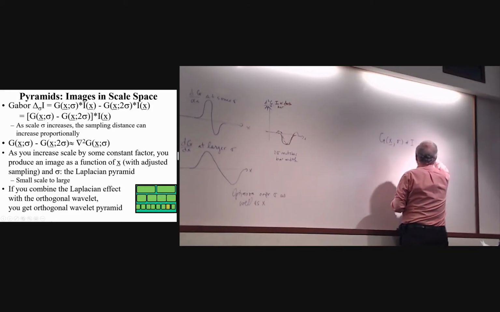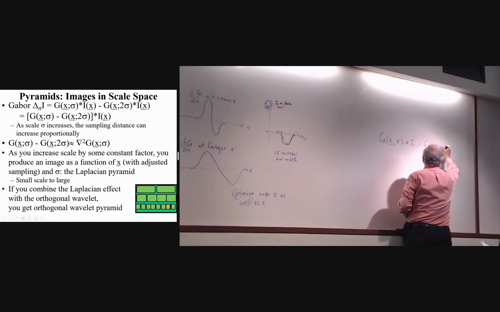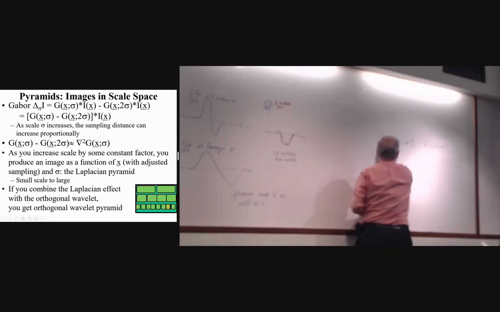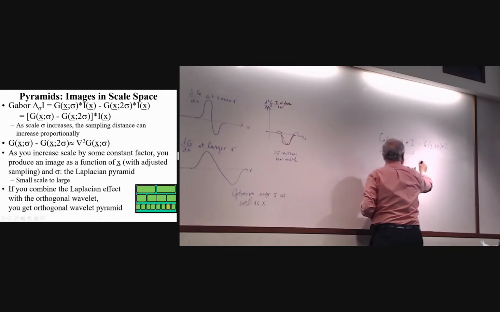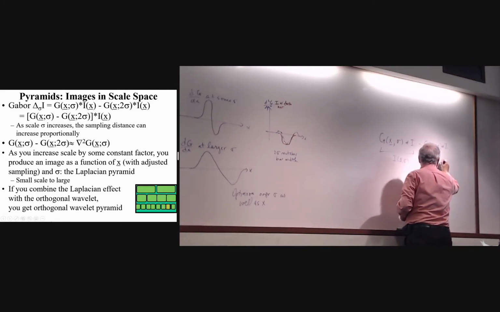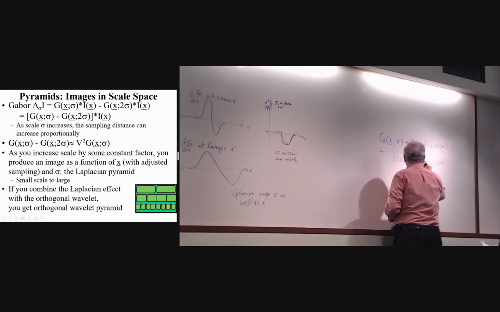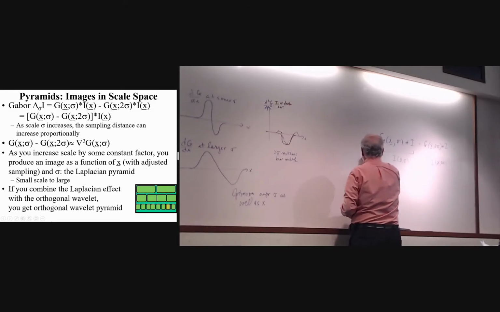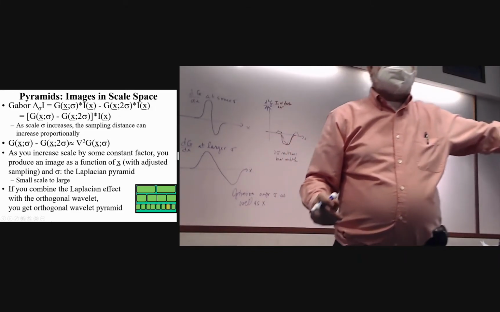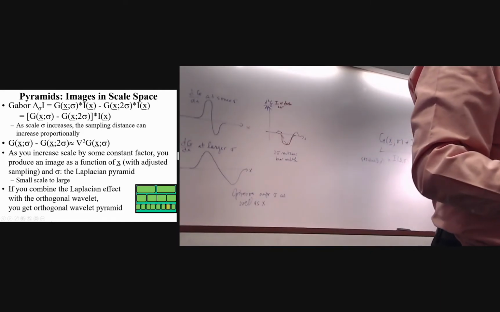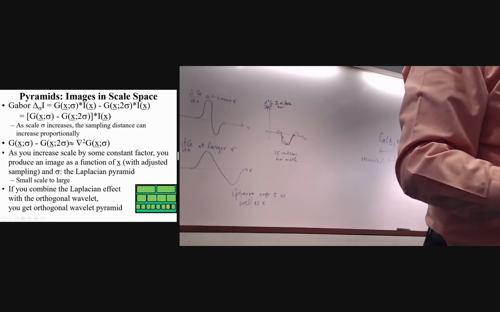So I'm going to subtract G of x and 2 sigma, let's say, on I. So this is, if you will, I of x sigma, and this is I of x 2 sigma. And we want the residue at x sigma to be the difference between what we saw at sigma and what we see at 2 sigma.